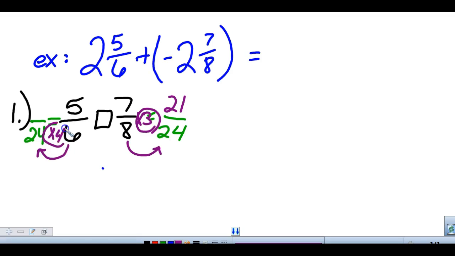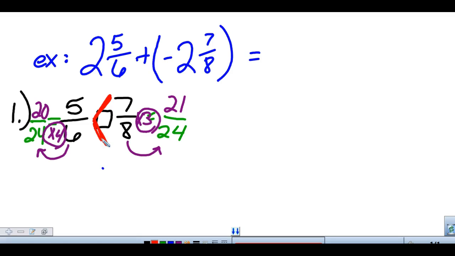So doing the same to the other, we multiplied by 4, so we're going to take the numerator and multiply it by 4 and get 20. Now we have 20 24ths and 21 24ths. Okay. Since we have a common denominator now, we can easily see that 21 is the larger.